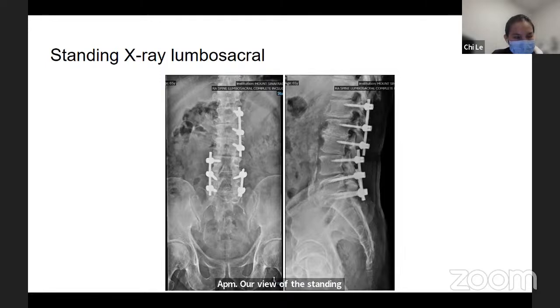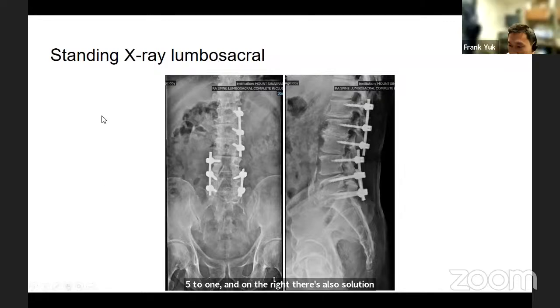And we can see that the fusion at the top is only on the left side from L1 to L3. And then there's fusion bilaterally from L5 to S1. And on the right, there's also fusion at L4 as well.